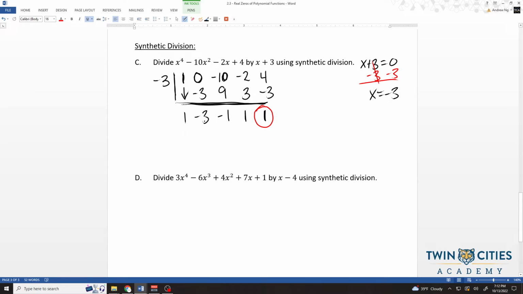Well, my answer is down here. This is 1x to the third, or just x to the third, minus 3x squared, just keep bringing it down a power, minus x plus 1, and then my remainder is plus 1 over, I'm actually dividing by x plus 3, so don't confuse that with your negative 3 over here.